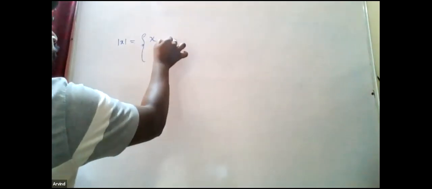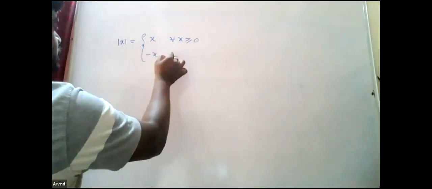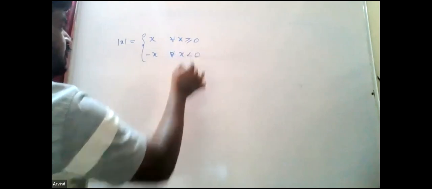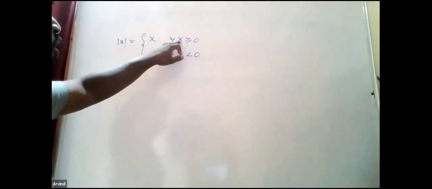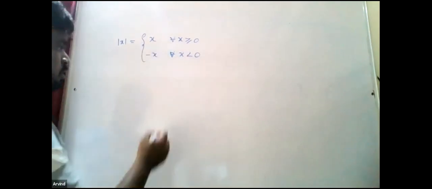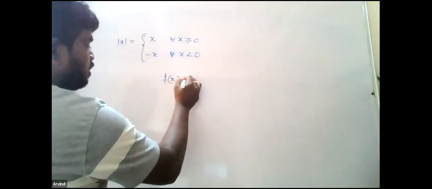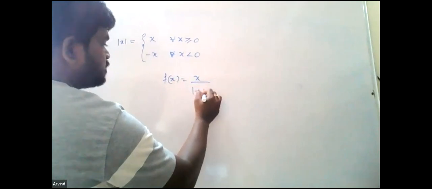Here, you should know this. Modulus of x is defined as x for all x greater than or equal to 0. Okay, and it is defined as minus x for all x less than 0. When x is less than 0 it becomes minus x, and when x is greater than or equal to 0 it becomes x. So our function is defined as x divided by 1 plus mod x.